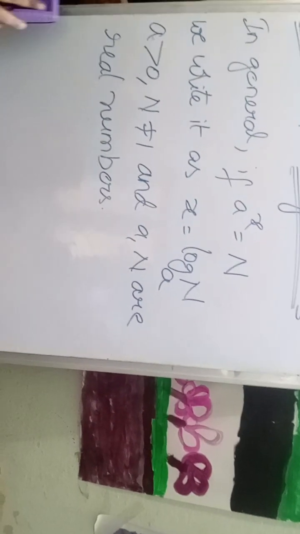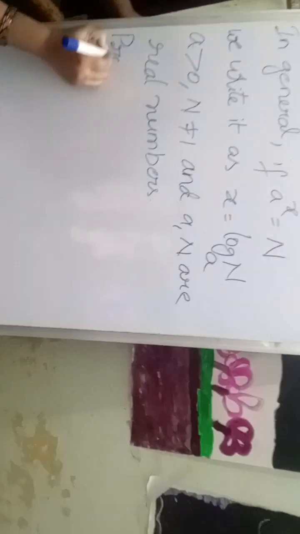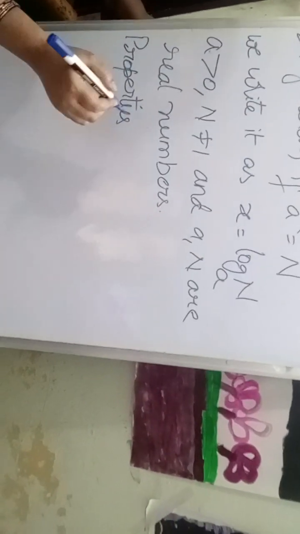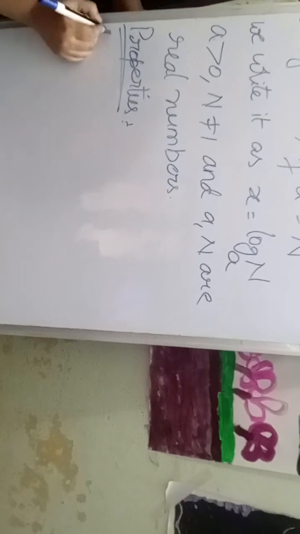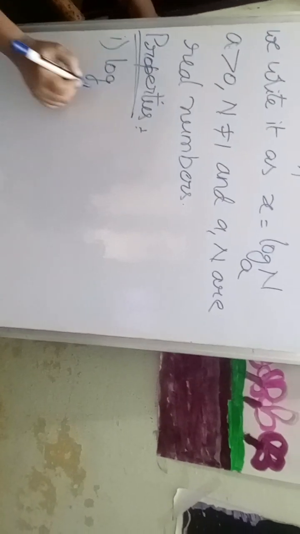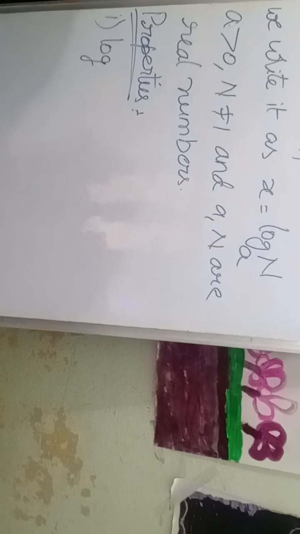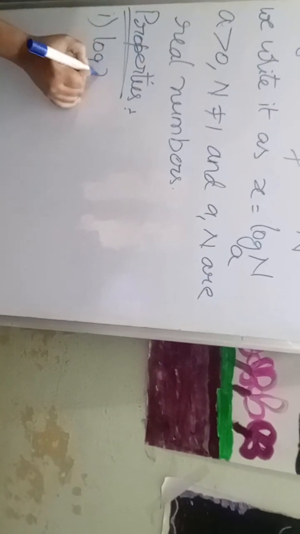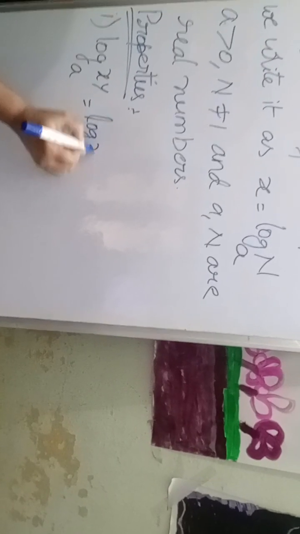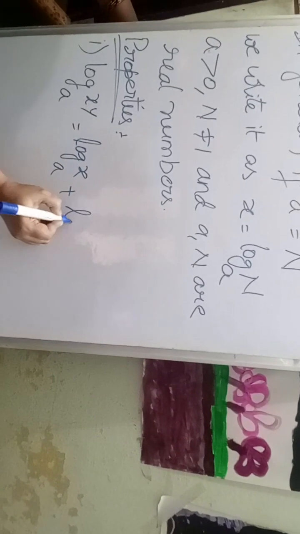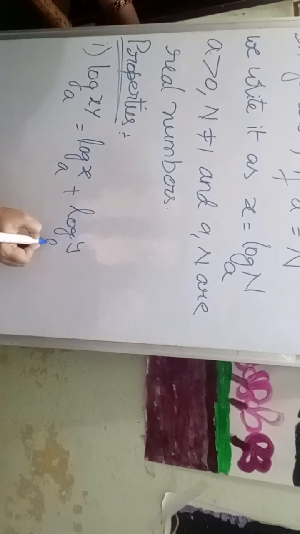For logarithms, we have some properties also. Let us see the properties. Only 2 properties mainly today. First property is that log of xy base a equals log x base a plus log y base a.